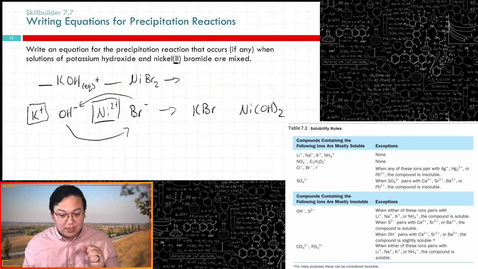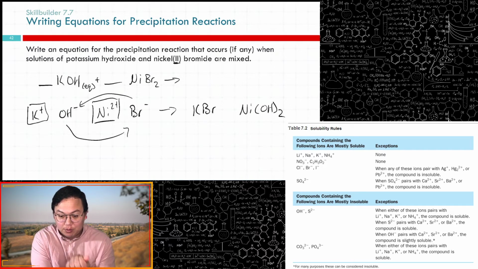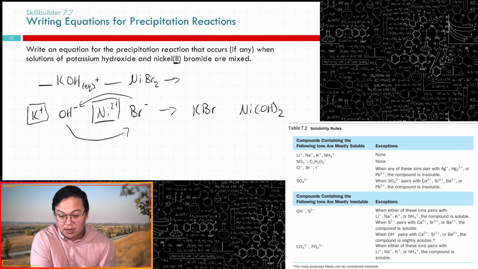Then we can do our hydroxide, and we have hydroxide as mostly insoluble. And then we just need to check the exceptions. When either of these ions pairs with lithium, sodium, potassium, or ammonium, it's soluble, but we're not mixing with those. We're mixing with nickel. Our other exception for hydroxide is when hydroxide pairs with calcium, strontium, or barium, the compound is slightly soluble.